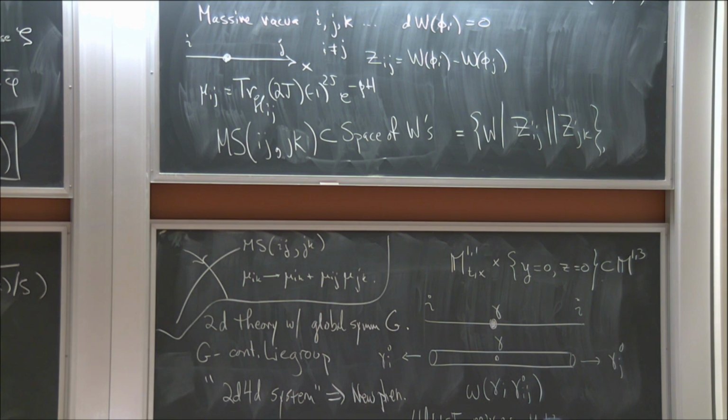And now you can also do the following. You can take the surface defect, which now lives in x and t space at y equals z equals 0, and you can take one of these line defects and embed it inside the surface defect.